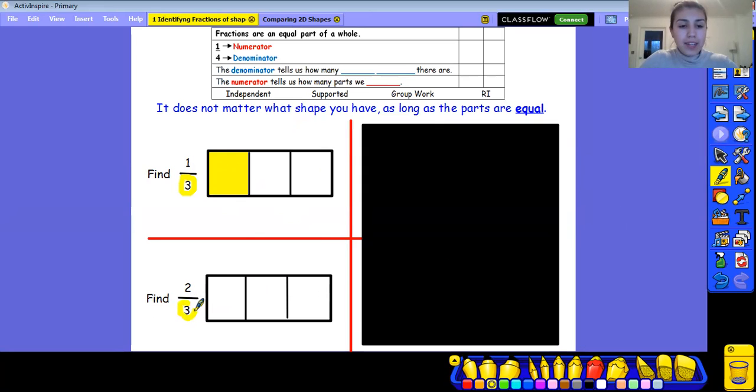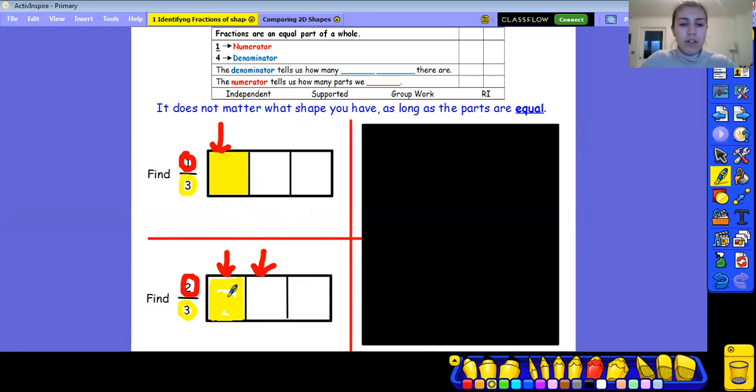Here, my denominator is still 3, so I've still got 3 equal parts in my whole, but it is my numerator. Here, I've only got 1 of those parts shaded. So on this representation, that means I need to have not just 1, I need to have 2 of those parts shaded. Did it have to be these 2 that I chose? Not at all. It could have been any 2.